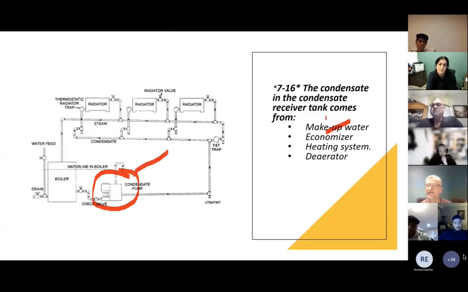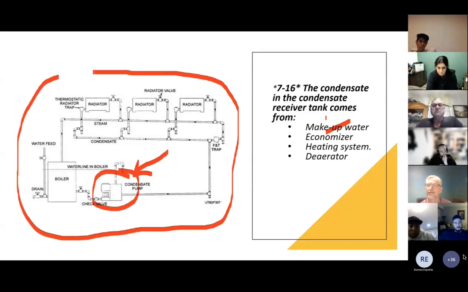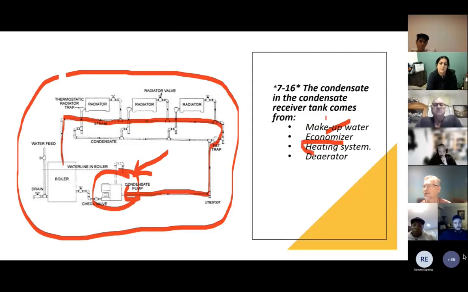This is the condensate tank. Okay. This system does not have or need a deaerator. This system is supplying steam to these radiators, and condensate is coming back. So it's coming back from the heating system. Okay.